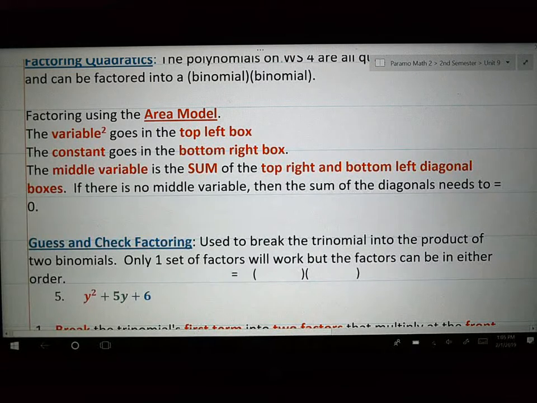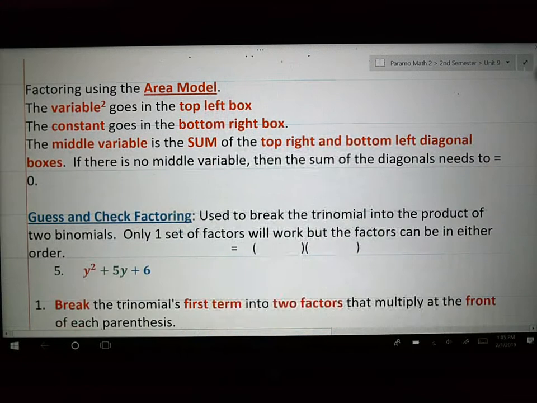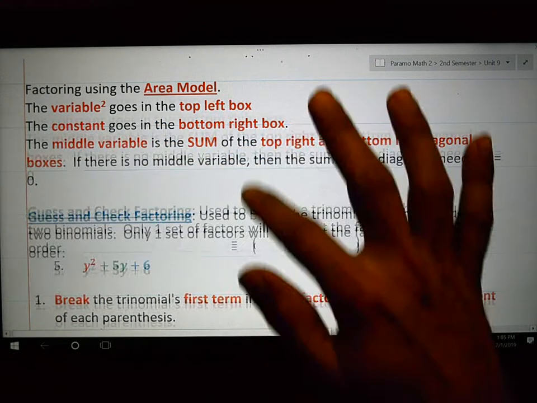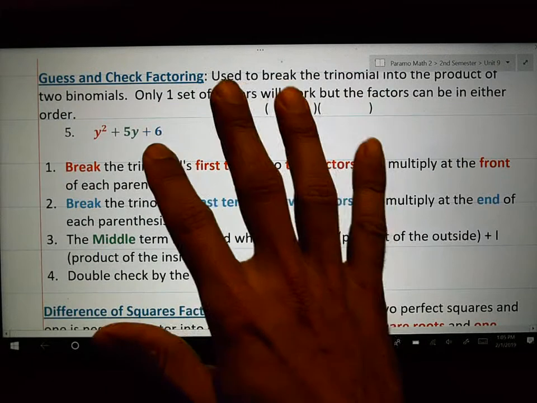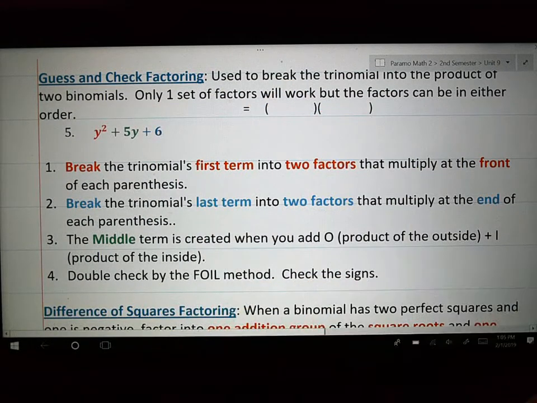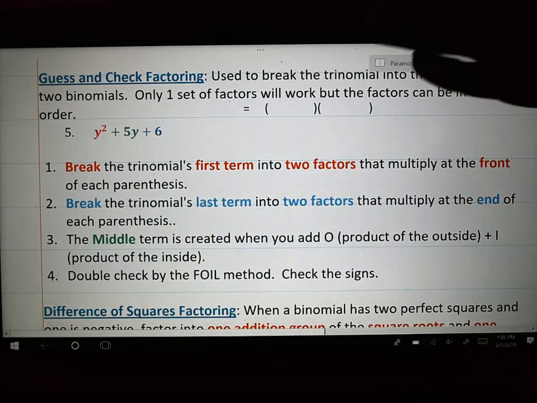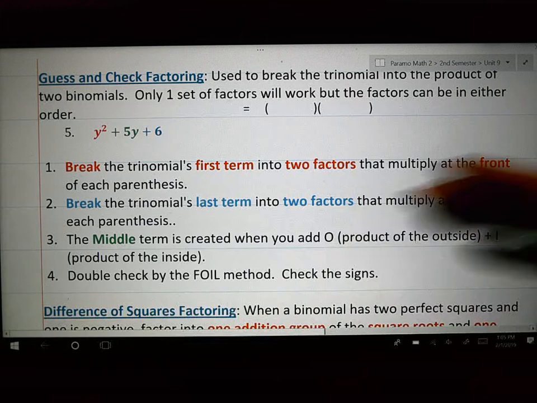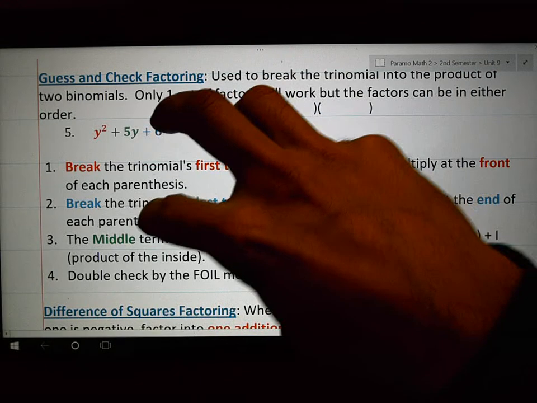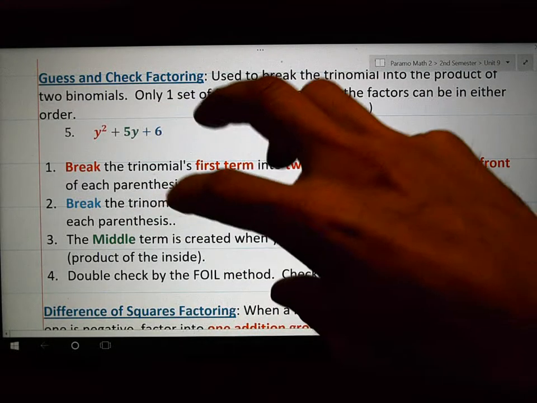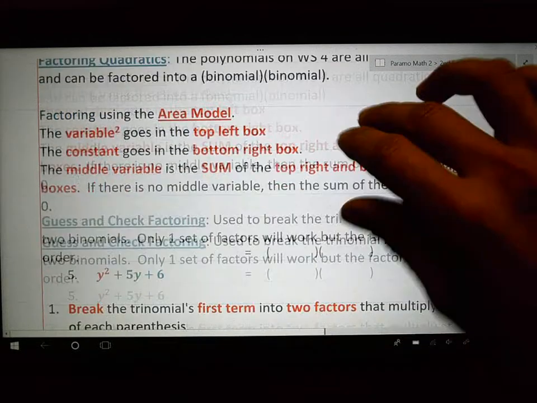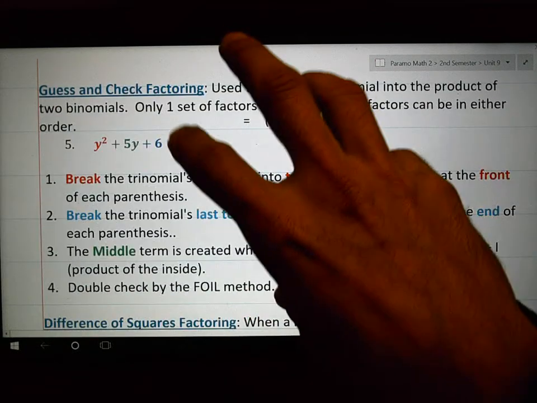The other thing that will be helpful is that you may do some problems with the area model, and then if you get stuck on the guess and check and the factoring, you might want to still continue to use the area model on the other problems below if you need to. This is the method that I use primarily, but I've been doing this a long time. If this method works for you, use it. And if not, we'll use guess and check.